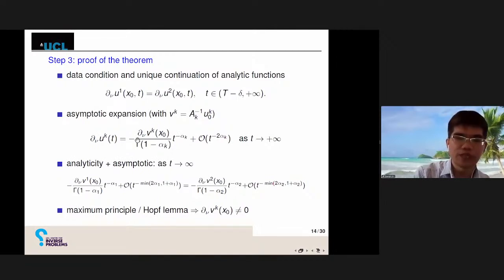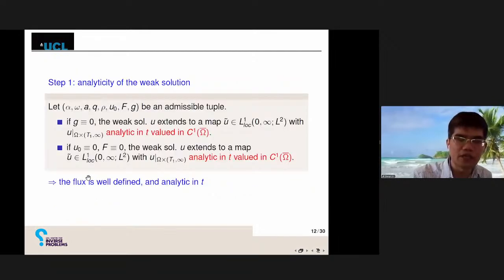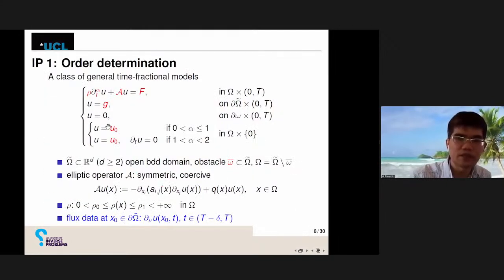We can show that this constant will not vanish. This can be shown if we apply, for example, the maximum principle for elliptic equations and then the Hopf lemma; one can deduce that this is not vanishing, under some minor conditions I imposed in the theorem.